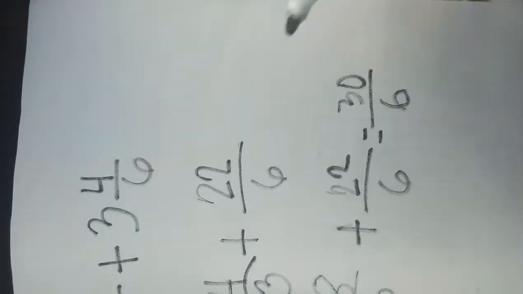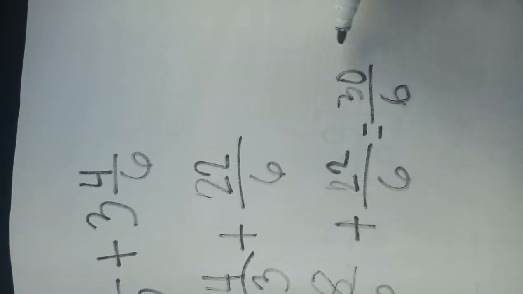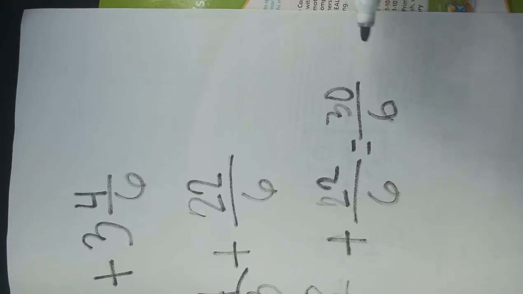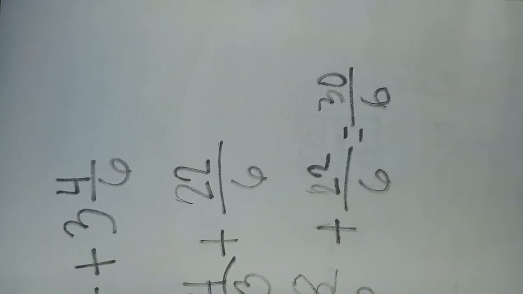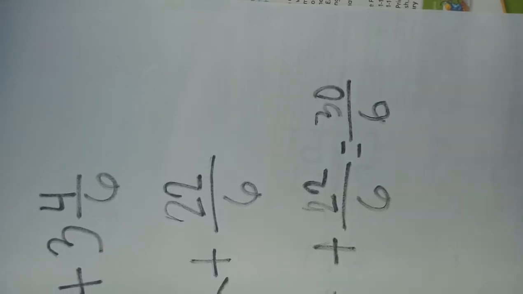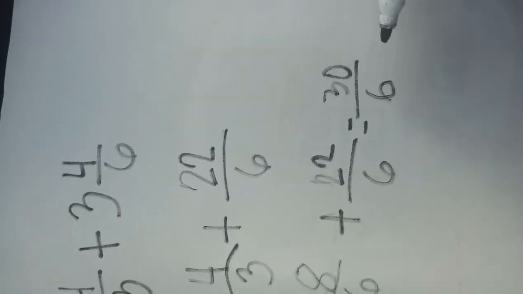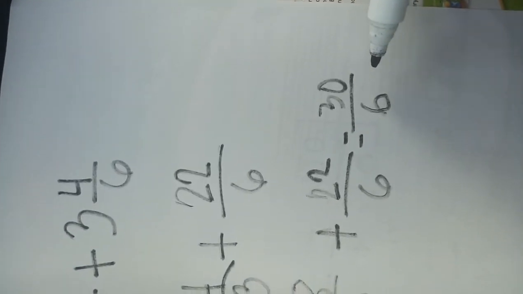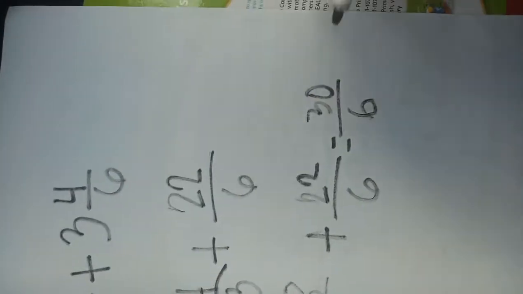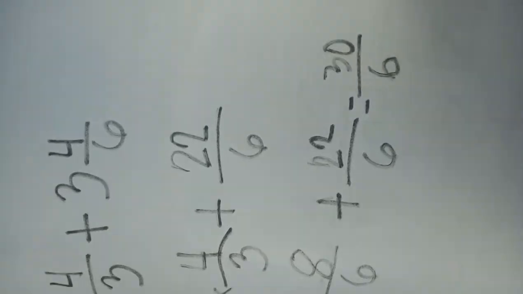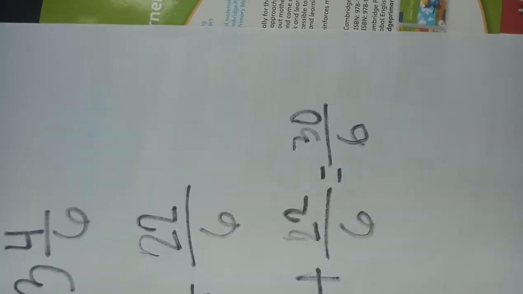If you think, 3 can divide 30, 3 can also divide 6. But wait, can we use 6 as well? Of course we can use 6. We can divide 6 by 6, and we can also divide 30 by 6. Let me just write it.